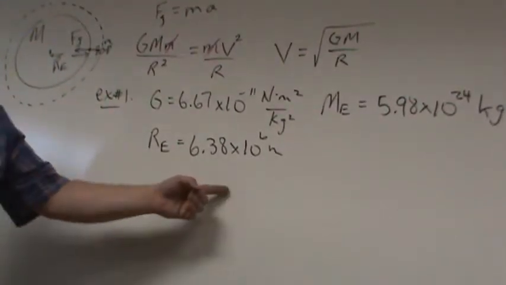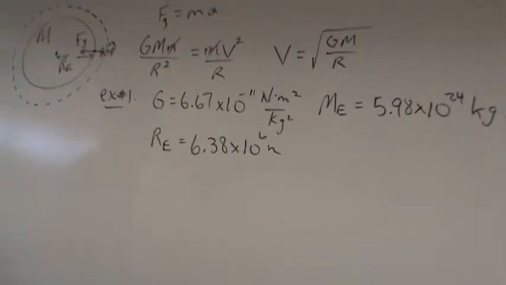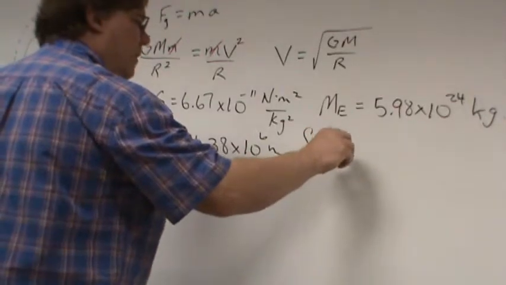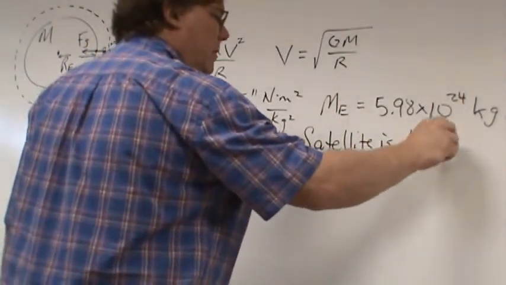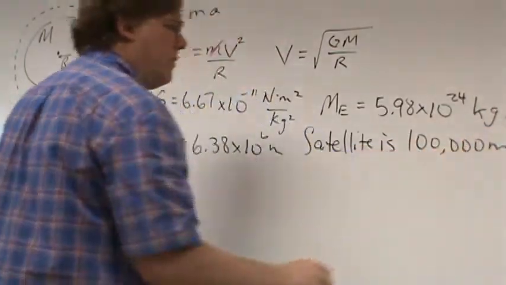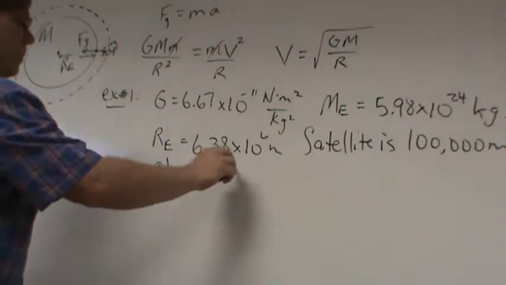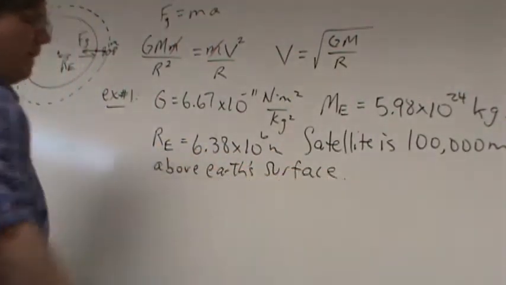And then I'm going to have a close orbit, which means the satellite's going to be just barely above the Earth's atmosphere. We'll say the satellite is 100 kilometers or 100,000 meters above Earth's surface. That way it's safely above the atmosphere.